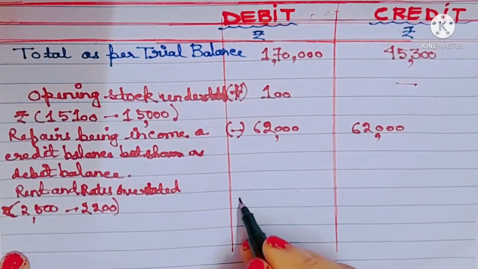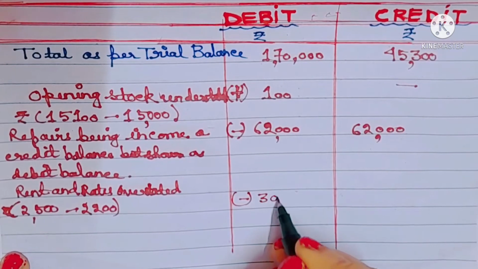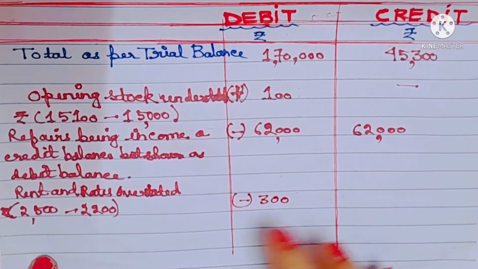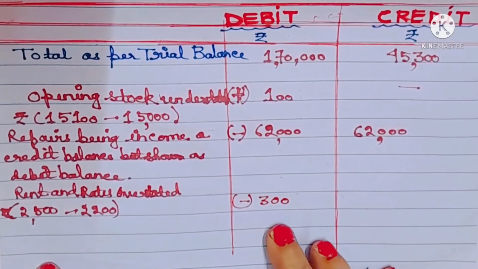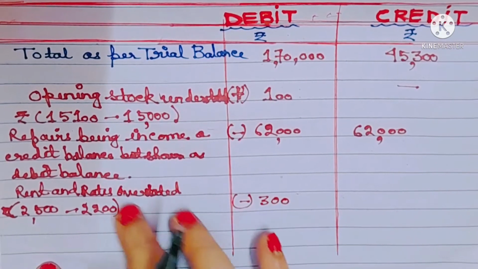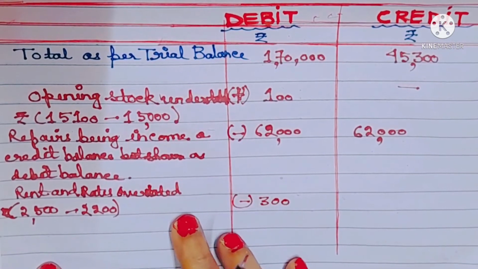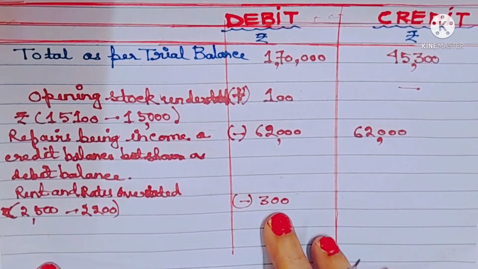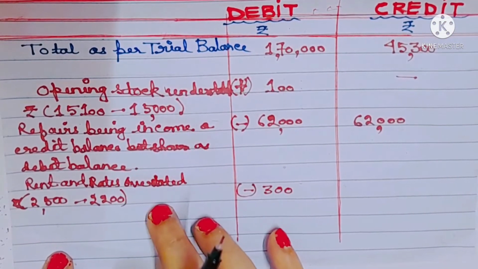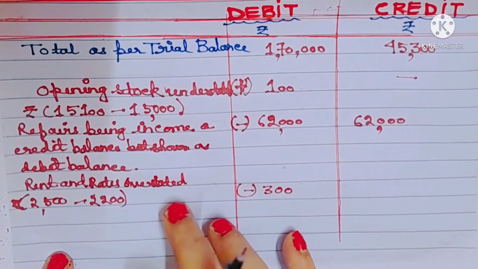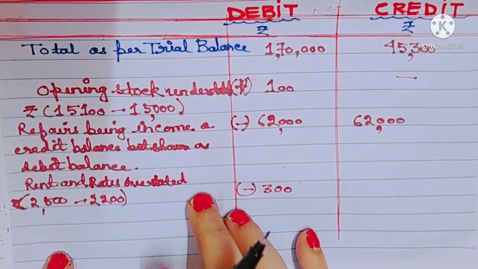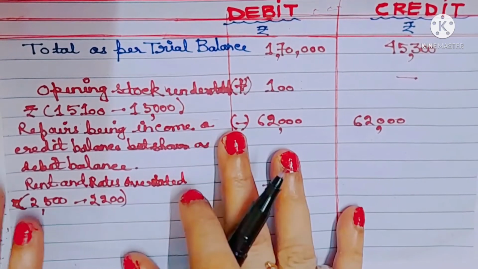So minus 300, then my exact figure comes. Why does rent and rates have a debit balance? Because rent and rates comes under nominal account. According to nominal account, all losses and expenses are debited. So here rent and rates is an expense for the business. So rent and rates will be debited. Understood? So let's see the next account.